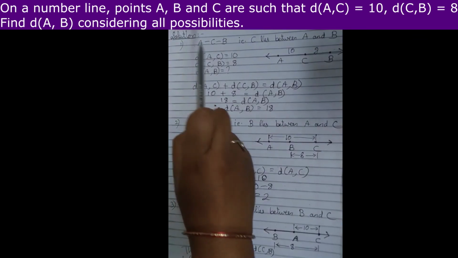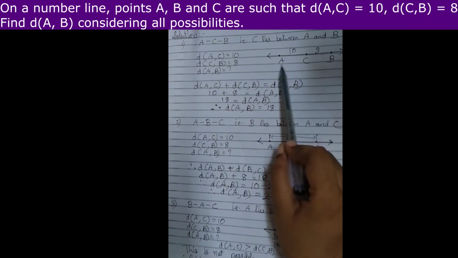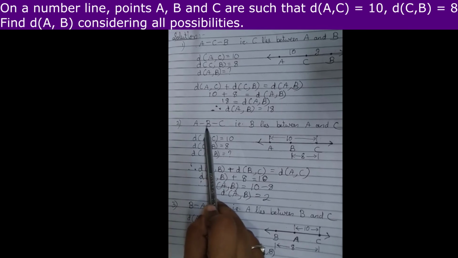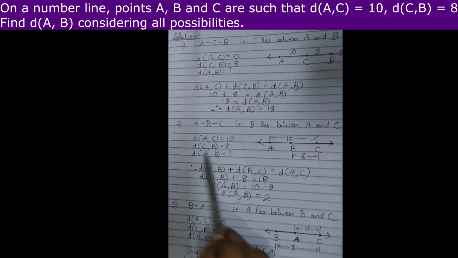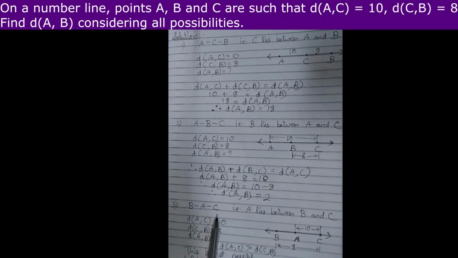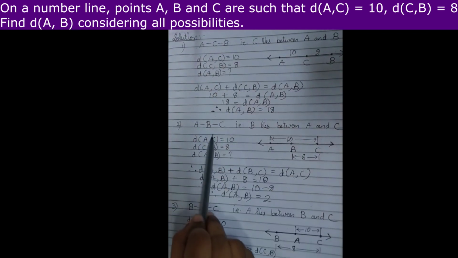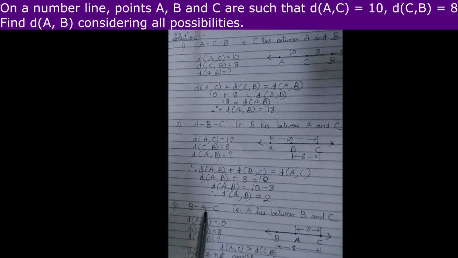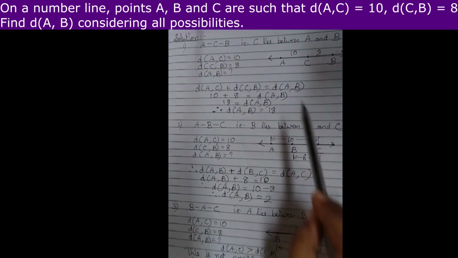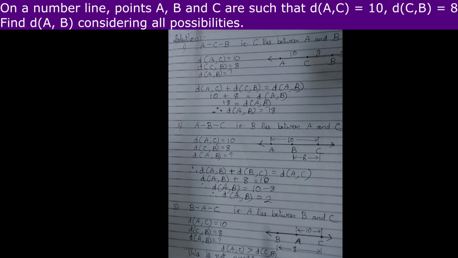In the first possibility, point C was between A and B. In the second possibility, point B is between A and C. And in the third possibility, point A is between B and C. So we keep each point in between one by one and see which is possible.